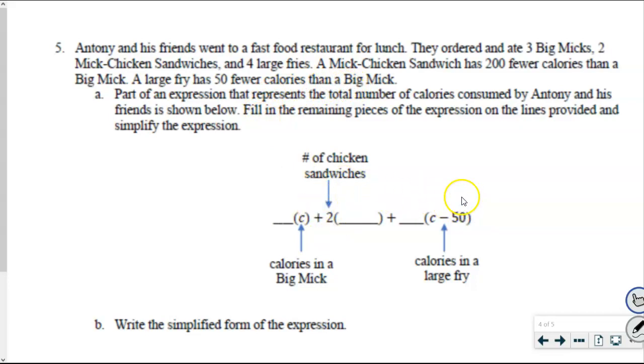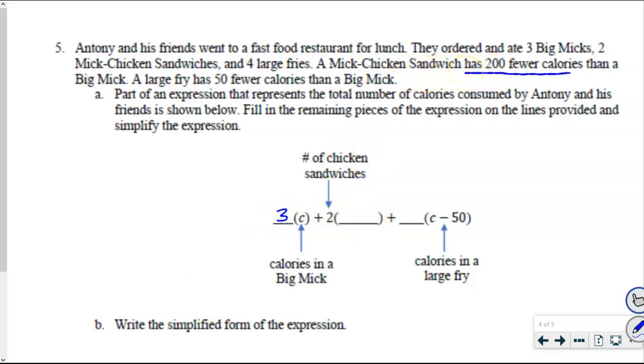We need to interpret it and fill in the remaining spots. So this C represents the calories in a Big Mick. How many Big Micks did they order and eat? 3. So how are we going to represent that? 3 times C. They also ordered 2 chicken sandwiches. We don't know the calories though. What are the calories?